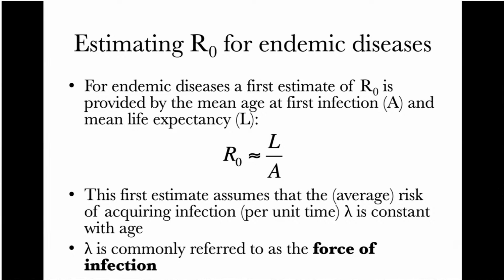So you can just say this X star is basically A over L. Yes, so if you substitute it back, you will have 1 is equal to A over L times R naught. So if you make R naught the subject, then you get back roughly here.